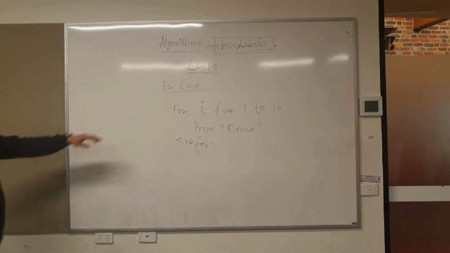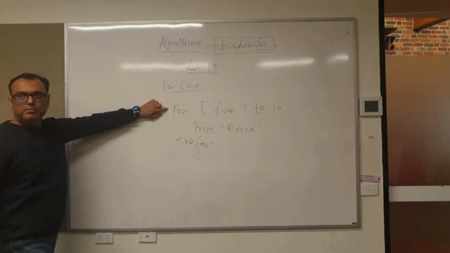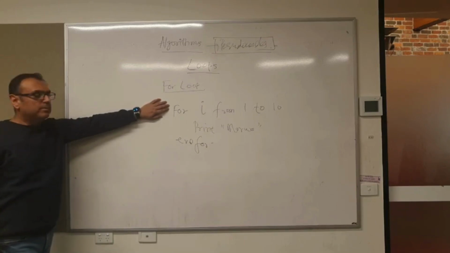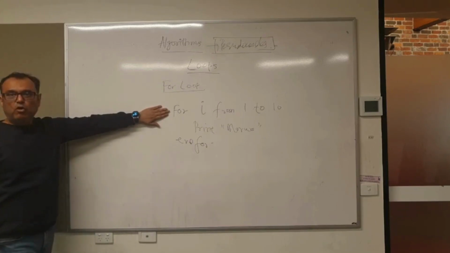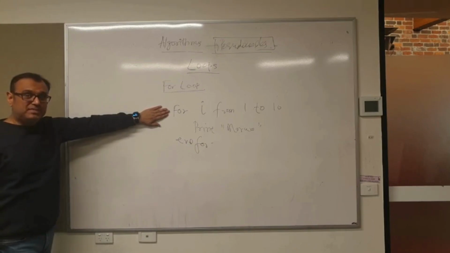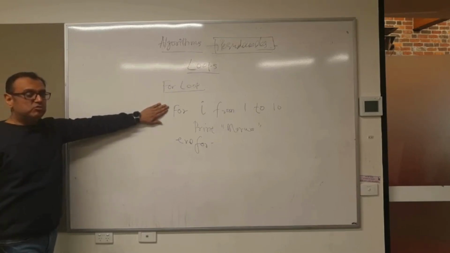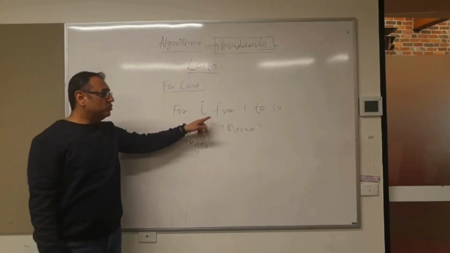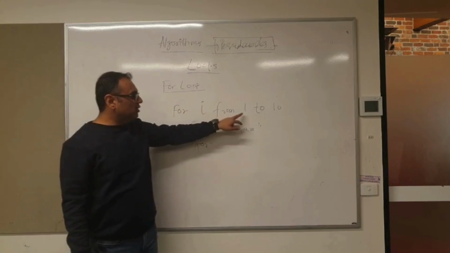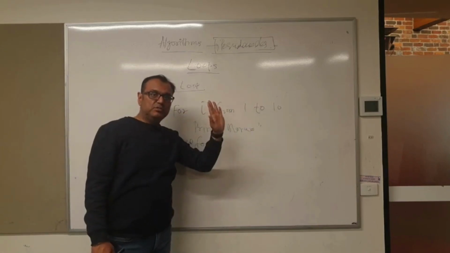So what will now happen is, the moment the computer comes here, it says, all right, for loop. That means I need to repeat something that is going to be within my for loop. How many times do I need to repeat? So what will it do? The computer goes here and says, okay, from 1 to 10, that means 10 times.